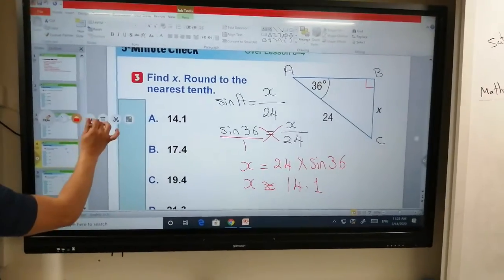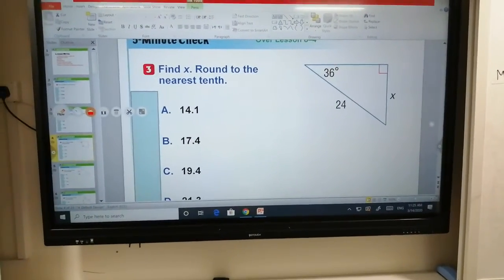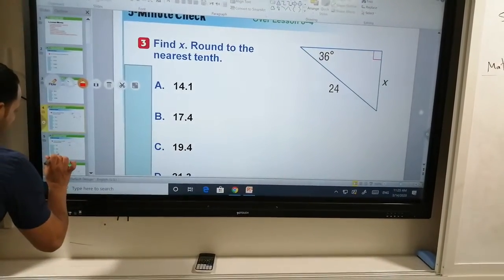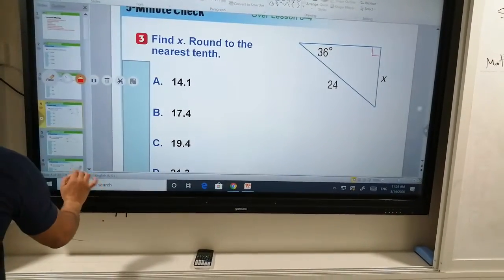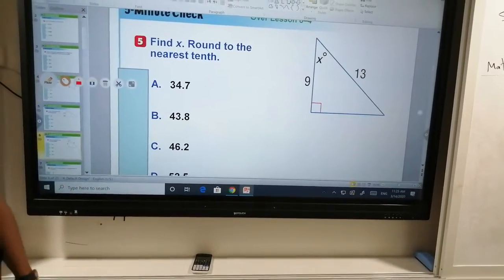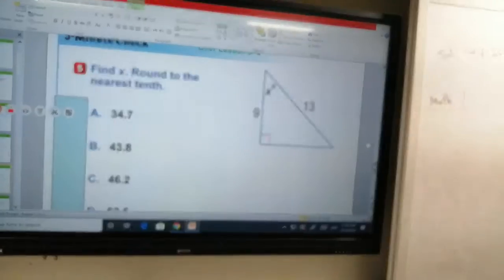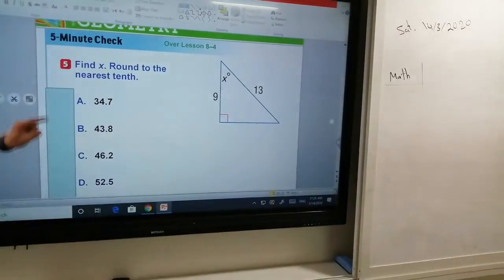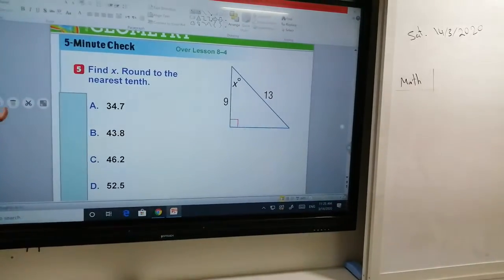This is an important example, the last example we are talking about. Choose the correct answer. We have four choices as you see.